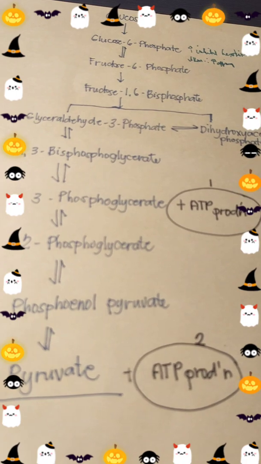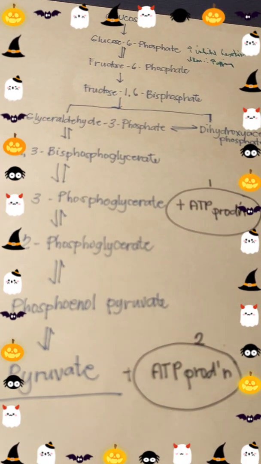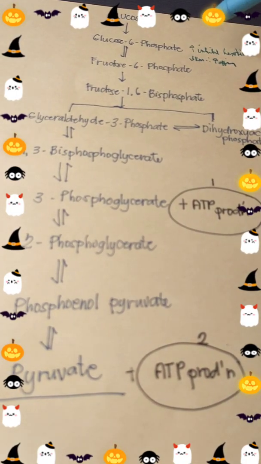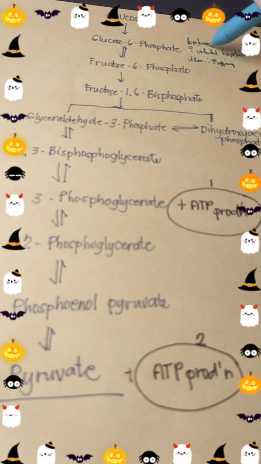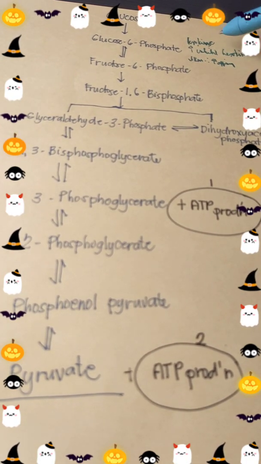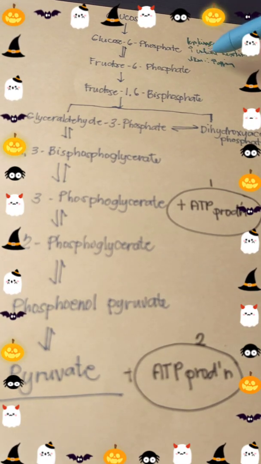So, we are talking of hexokinase here. If your hexokinase has a low Michaelis constant, then it has a higher affinity to the substrate, which is your glucose. And because of that, that will permit the efficient phosphorylation of glucose.